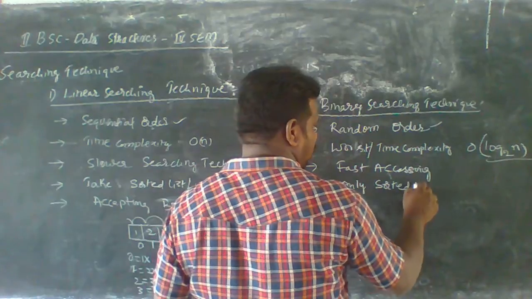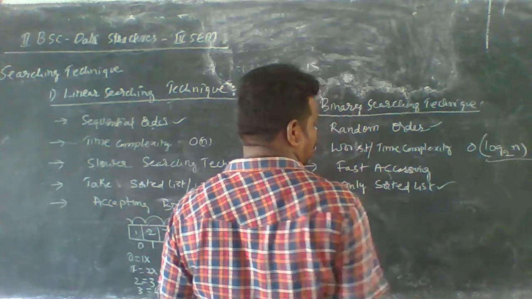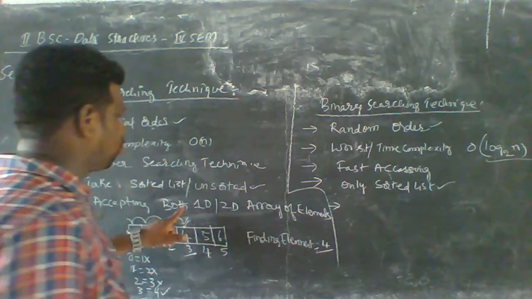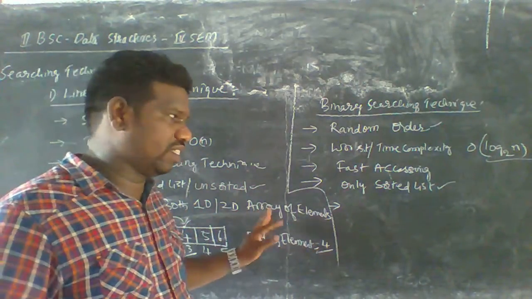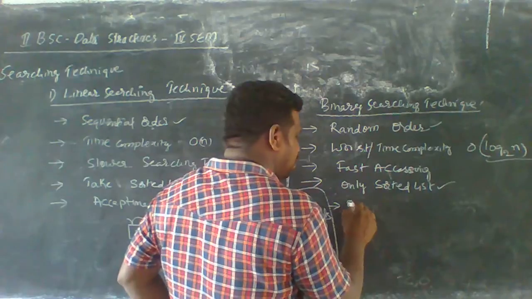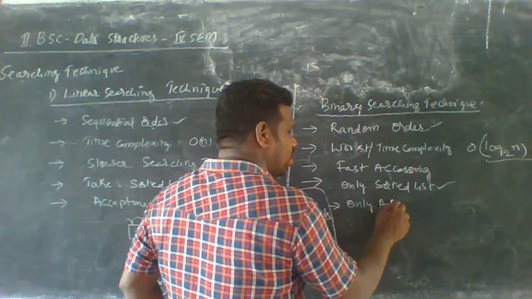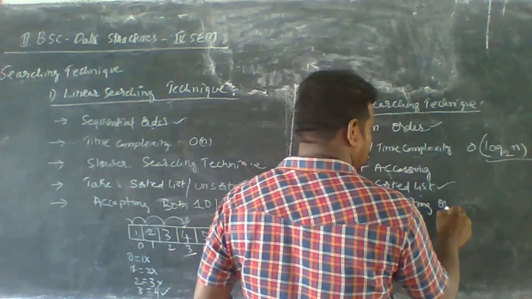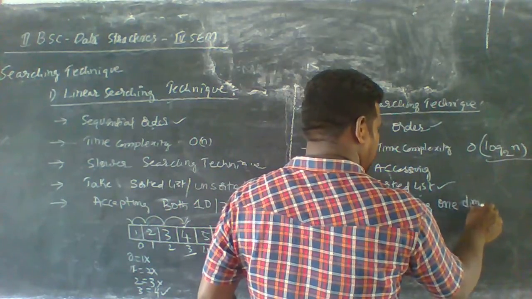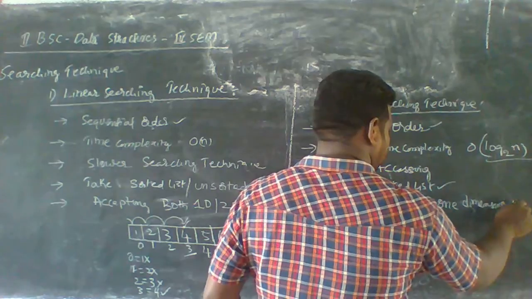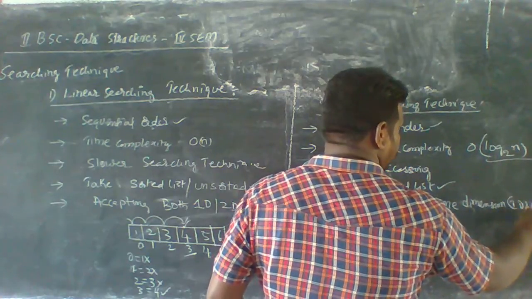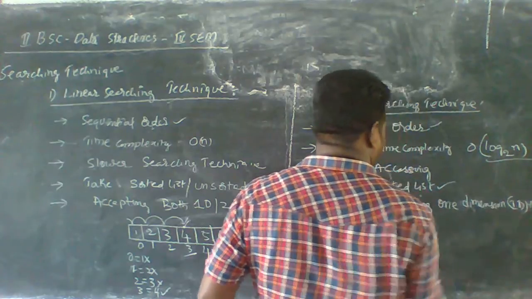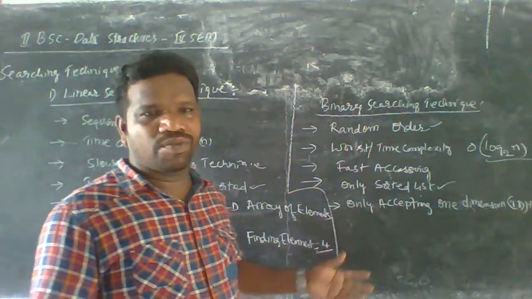Next, linear accepts both one dimensional and two dimensional arrays, but here it accepts only one dimensional arrays.